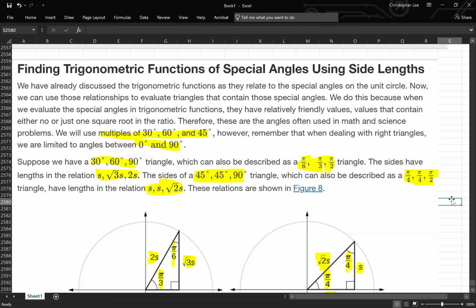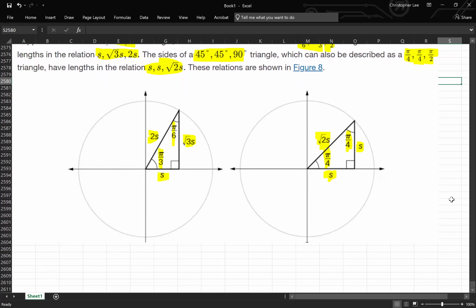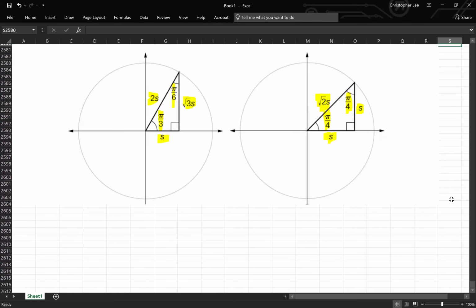The sides of the 45, 45, 90 degree triangle, which can also be described as pi over 4, pi over 4, pi over 2 triangle, have lengths in the relation s, s, square root of 2s. These relations are shown here, so these are special right triangles.